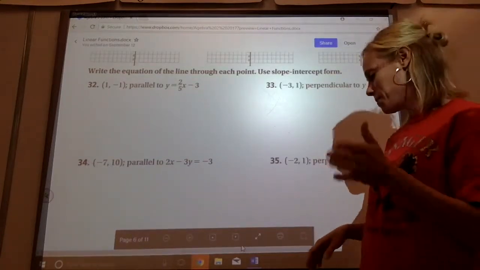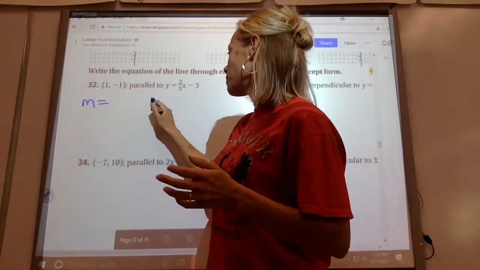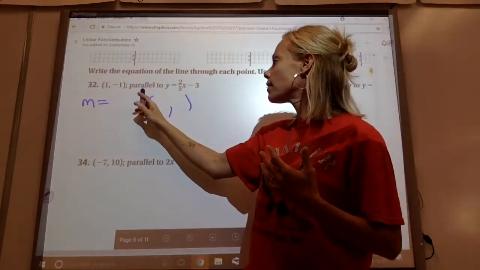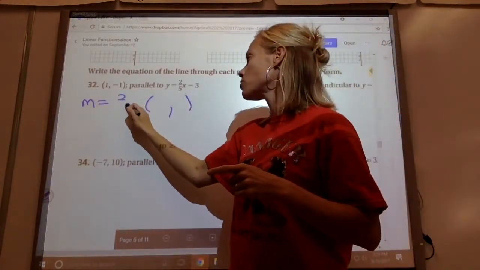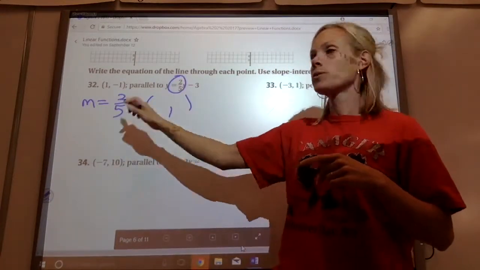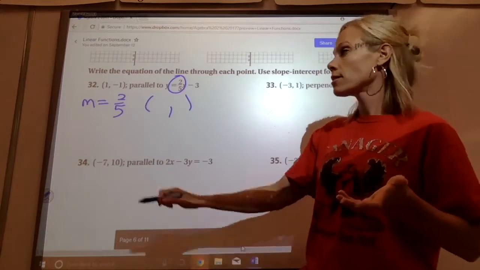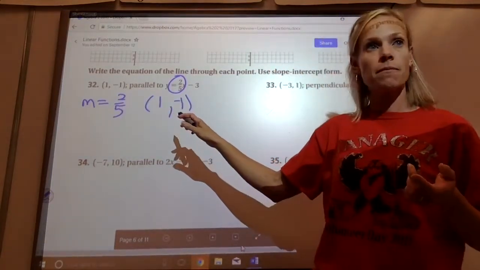You need a slope and a point. Do I have a slope? If I want a parallel line to this line, my slope is going to be 2/5 because I know that the slopes are going to be the same. And then I also have a point. They say I want a line going through this point, 1, -1.